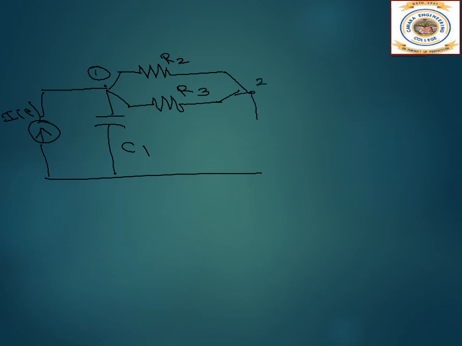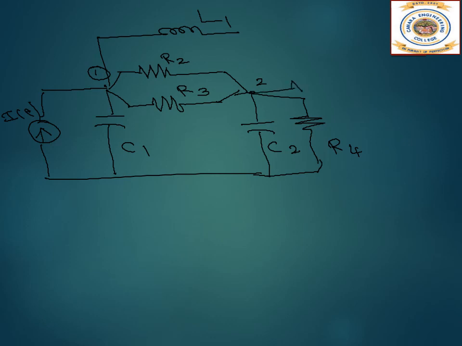This is node 2, where we have C2 and R4. And here we have L1 and here we have R1. So this is similar to your mechanical network with its analogous elements in the electrical circuit, which you can compare and check whether you have done it correctly or not.